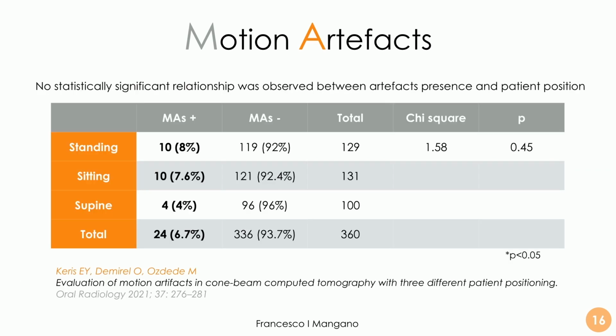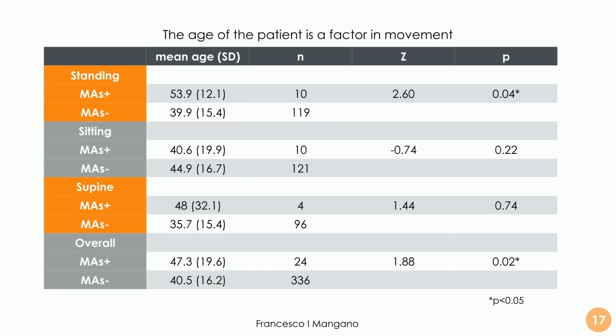These tables come from that article, and we can see that yes, there's a high occurrence and prevalence of motion artifacts. No differences between the different positions after all, but the authors considered a lot of scans taken over a long period of time.